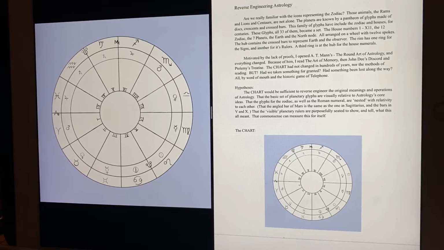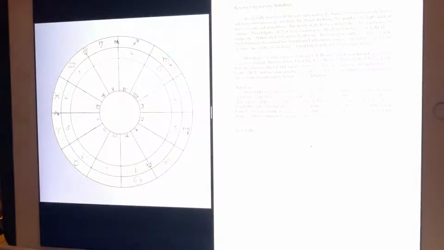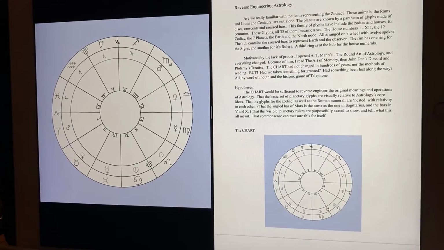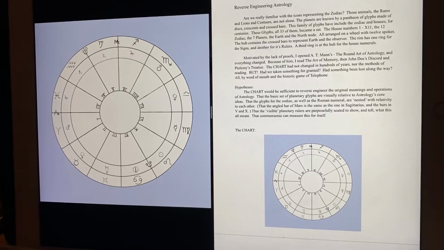And then I also read Ptolemy's treatise, which basically is a 1,200-year-old dissertation and treatise on the astrological meanings themselves, and they really haven't changed all the way up to Parker's collection of astrological information.